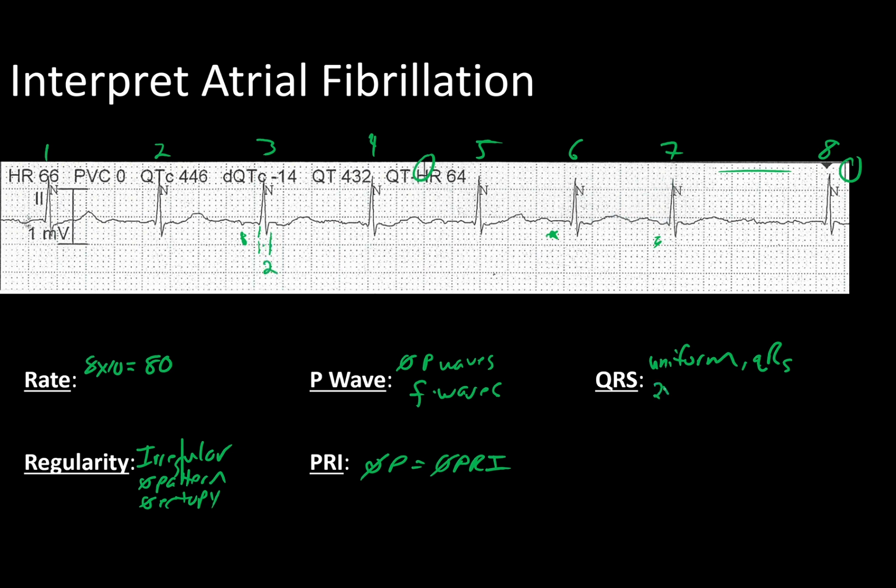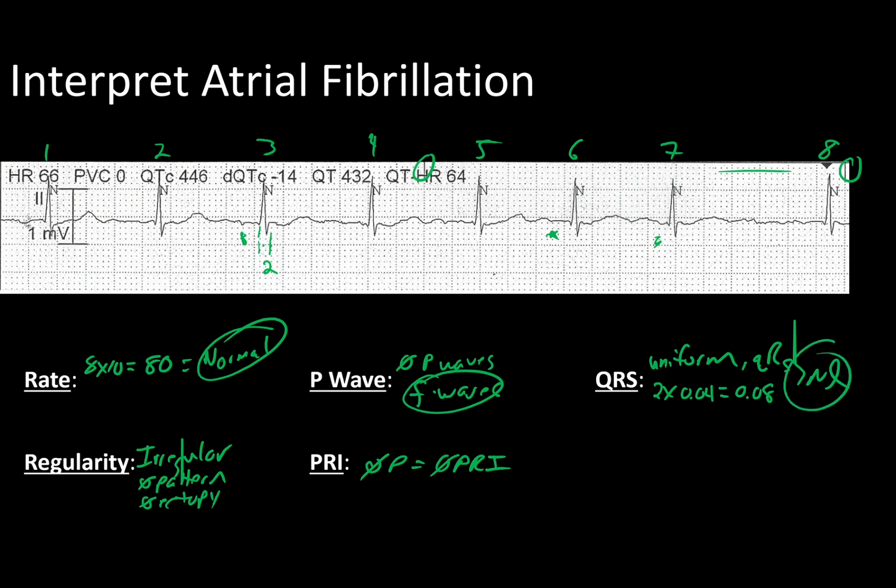So 2 times 0.04, which is normal. And because our rate is normal, and we have the F waves, and our QRSs are altogether normal, throw in a dash of irregularity, and so you have atrial fibrillation, specifically controlled. Controlled AFib.